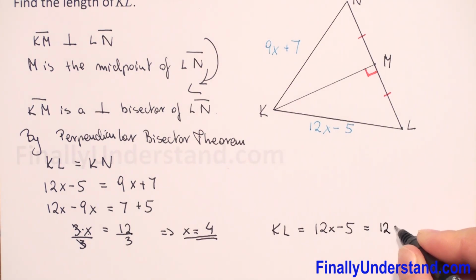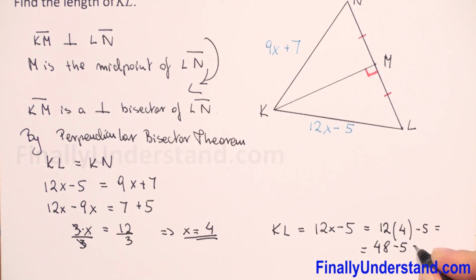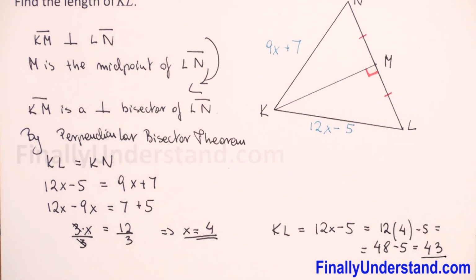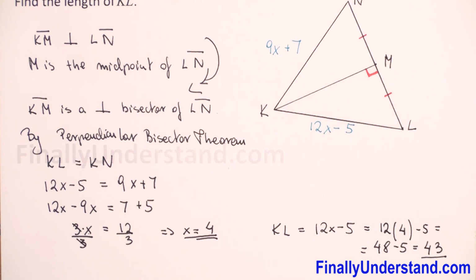So we have 12 times 4 minus 5. We have to copy, is equal to 12 times 4 is 48 minus 5. This is equal to 43. So we got the length of segment KL. This is my solution.